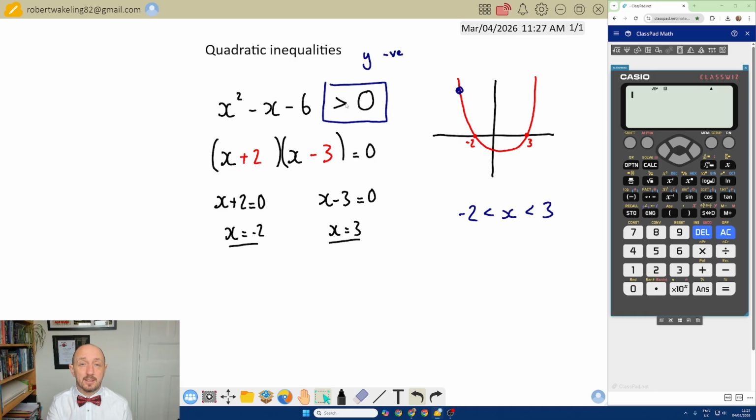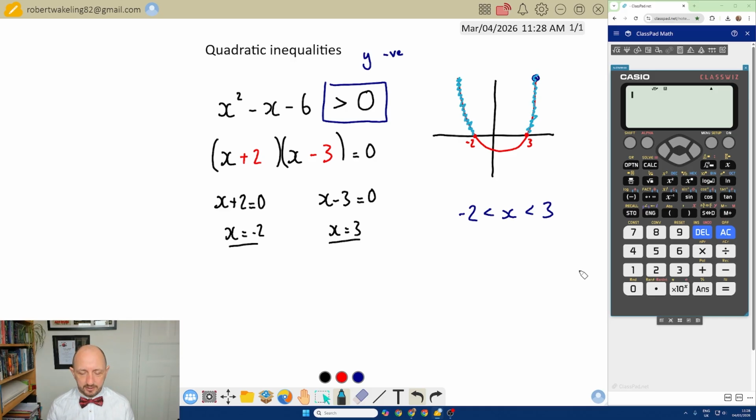And we're asking ourselves now, where is the y coordinate positive? Okay, positive, positive, positive, positive, 0, negative, negative, negative, 0, positive, positive, positive. And so you may have spotted that it was positive at two kind of broken parts of the graph. That part there and that part there.